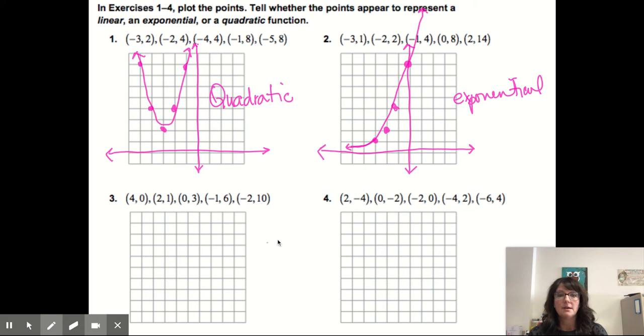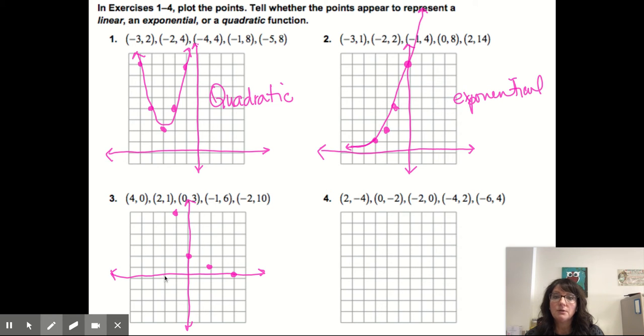All right. Number 3. I'll just do something like maybe right in the middle. Just plotting the points and connecting the dots. 4 and 0. 1, 2, 3, 4. 2 and 1. 0 and 3. -1 and 6. 1, 2, 3, 4, 5, 6.